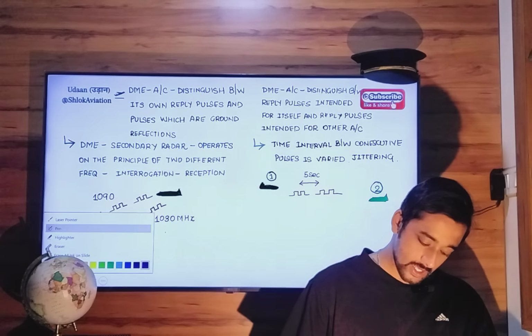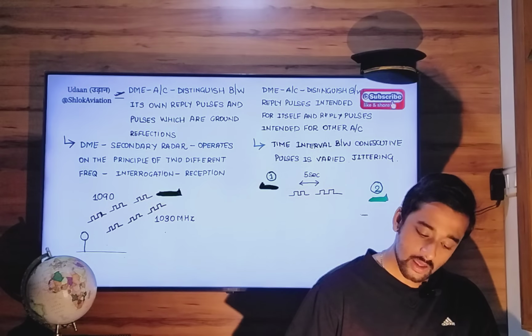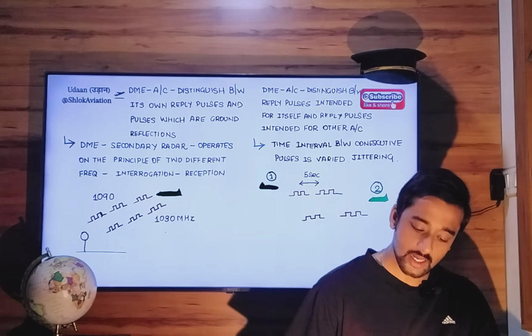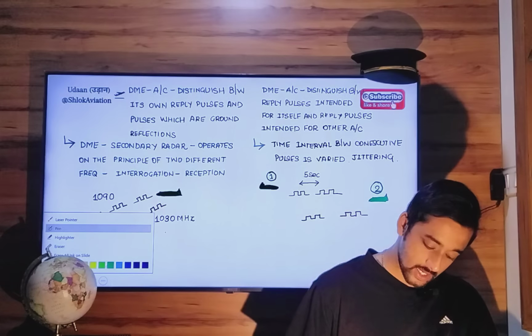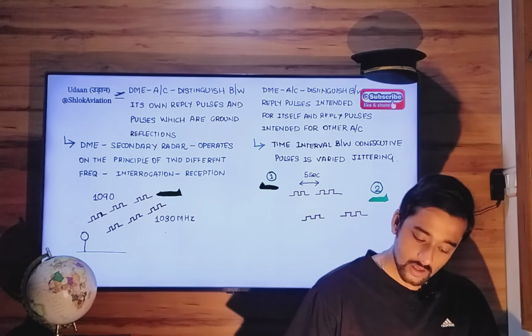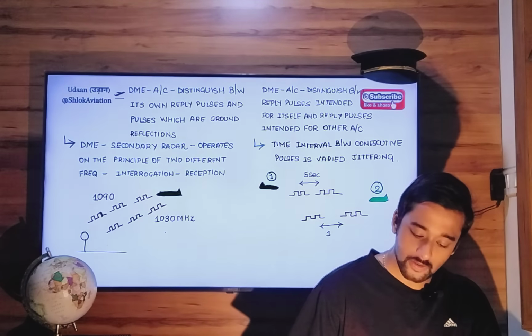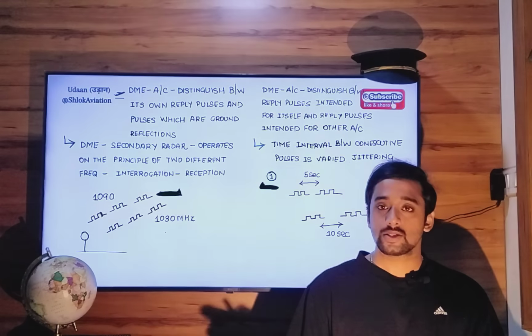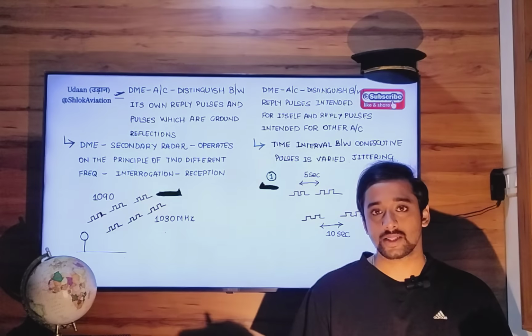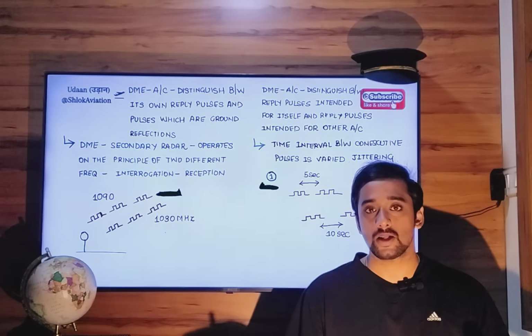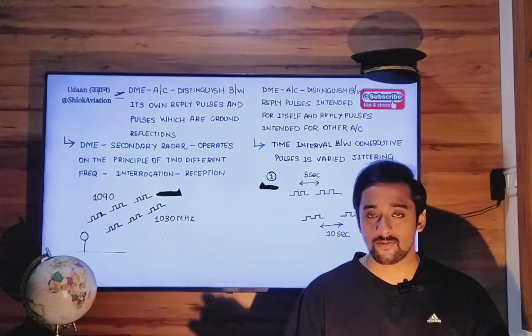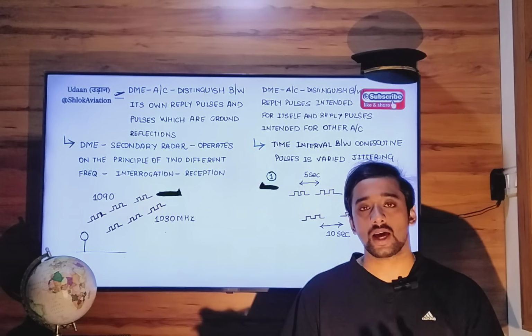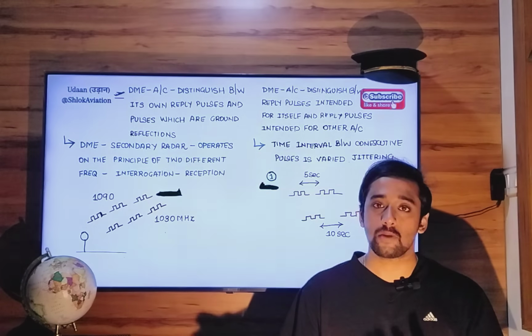Aircraft number two, on the other hand, sends its own unique pulse pairs in the direction of the DME station, and the time interval between its pulse pairs is 10 seconds. So the time interval between pulse pairs is varied for different aircraft. Every aircraft will have its own unique pulse pair interval.